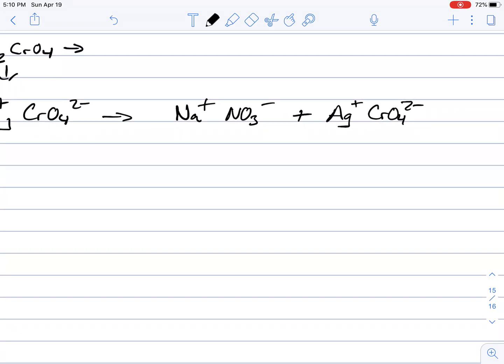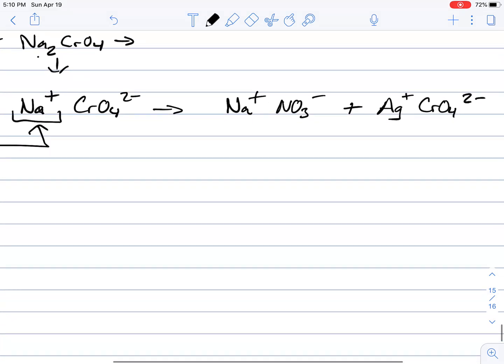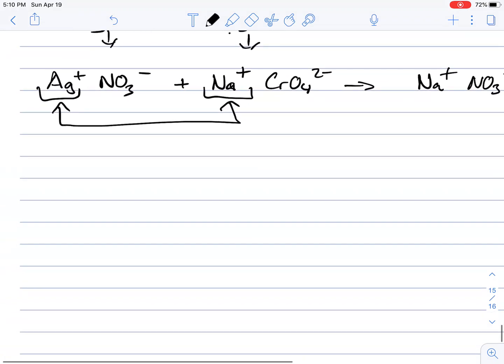Now that we have our chemical equation in its ionic form, we need to write balanced chemical formulas. Here I have +1, -1, so I don't really need to write a subscript. This is just a 1-to-1 ratio between silver and nitrate.